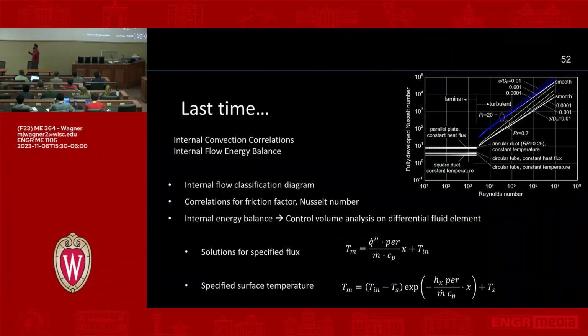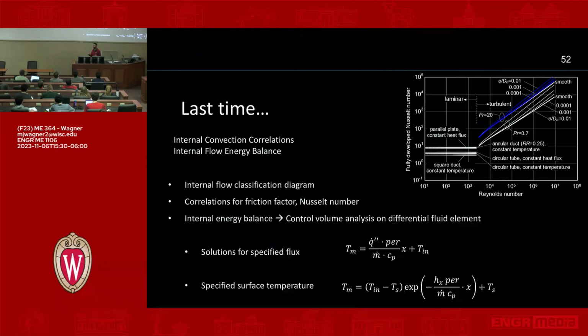And then we went through and looked at specific examples for correlations for friction factor and Nusselt number, looking at how the average and the local are related to each other. In the last part of the last lecture, we went through a solution for specified heat flux and internal flow. So if you remember, we were trying to develop a model for the mean fluid temperature for internal flow. And then we went through the derivation.